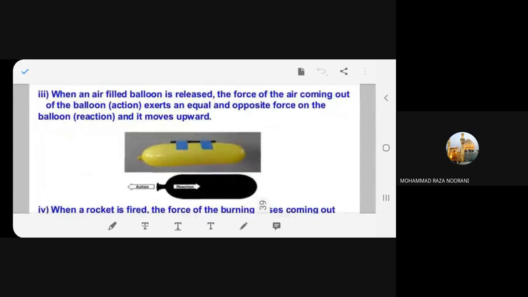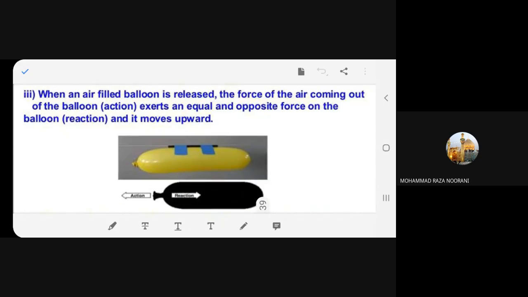Some more. You will understand very nicely now. I've taken many examples. When an air-filled balloon is released, the force of the air coming out of the balloon, the action, exerts an equal and opposite force on the balloon, the reaction, and it moves upward.